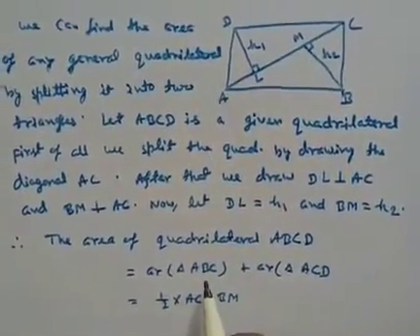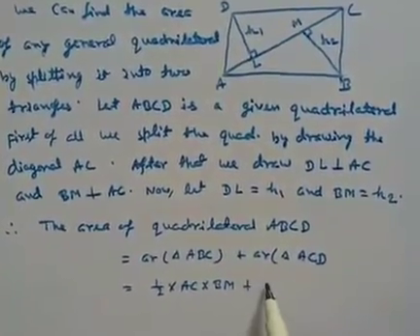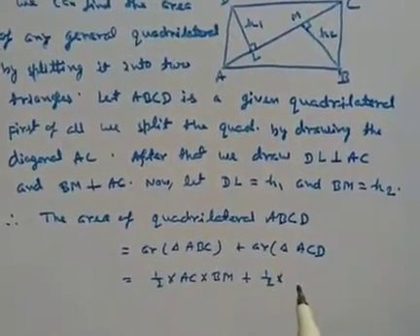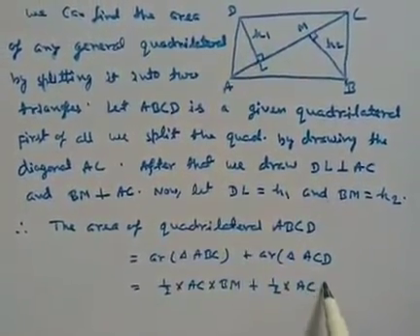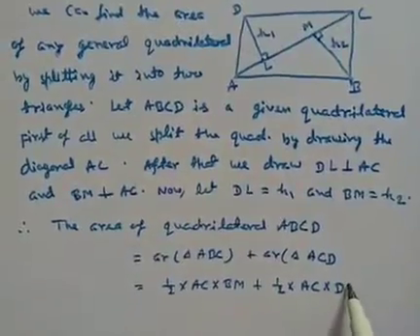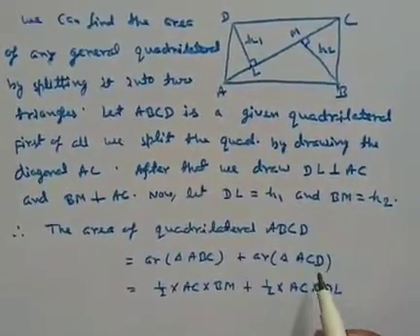This is the area of triangle ABC plus half into AC into DL. This is the area of triangle ACD.